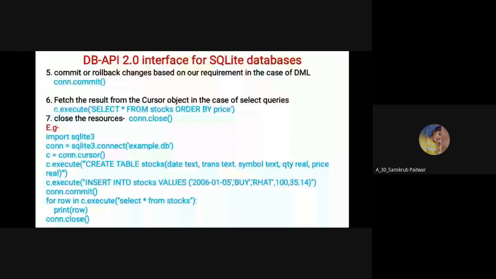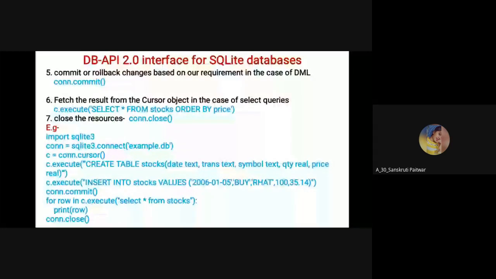I have given an example here. Whatever code is there in those 7 steps is there in the example also. So import sqlite3, which is the first step, importing the database module. Second, create the connection object, con = sqlite3.connect('example.db'). Then third statement, create the cursor object by using the cursor method on the connection object. So c = con.cursor(). Then execute queries, whichever query you want to execute.